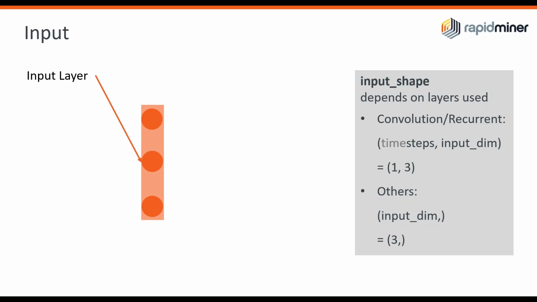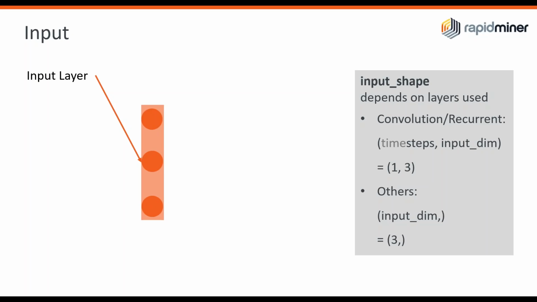Right now here we only have 1 time step because we have 1 column in this way of displaying things. And we have 3 attributes. So our input dimensionality is 3. But if we don't use any convolutional or recurrent layer, and we're just using a fully connected layer, for example, the input shape is just defined by the input dimension.